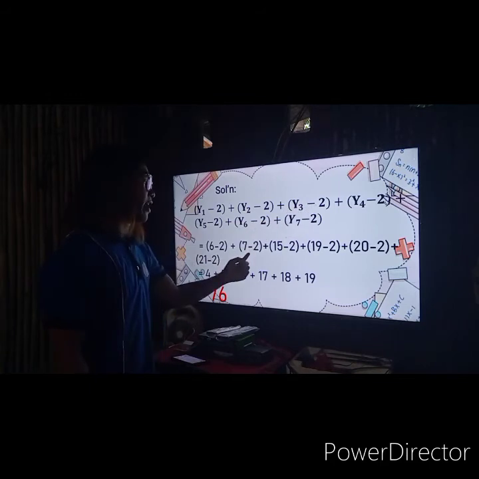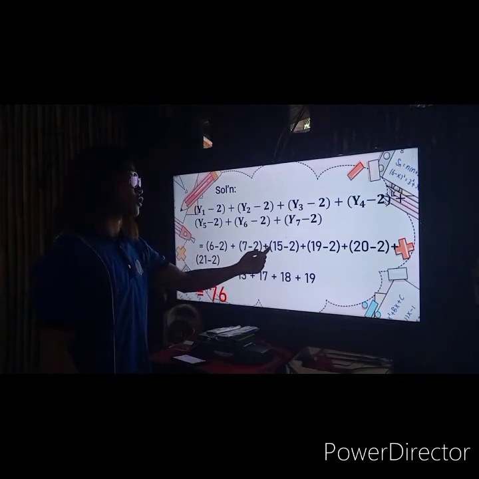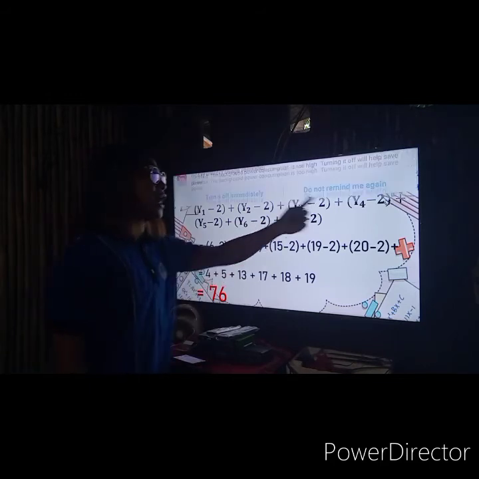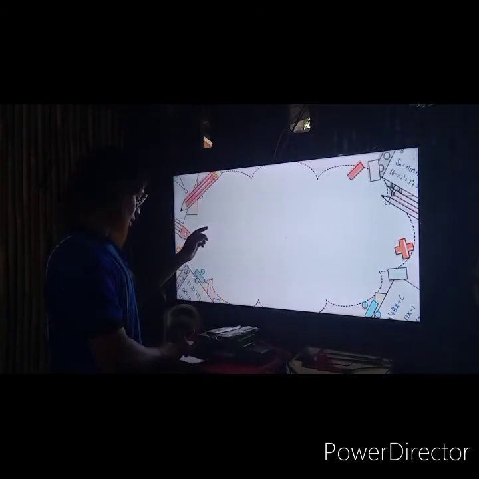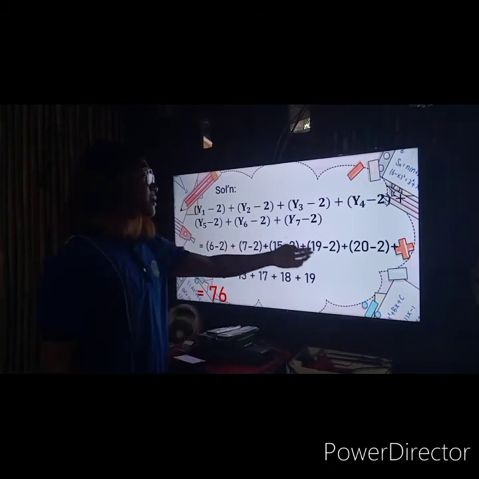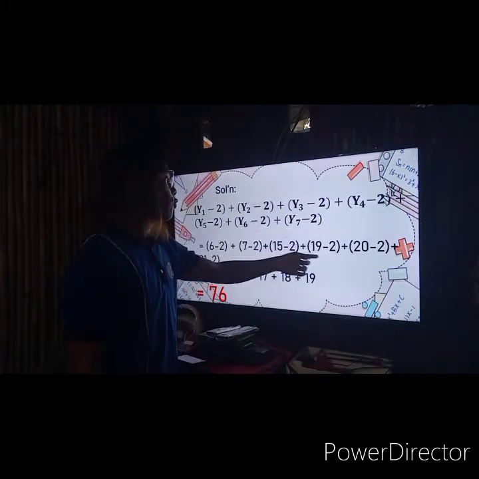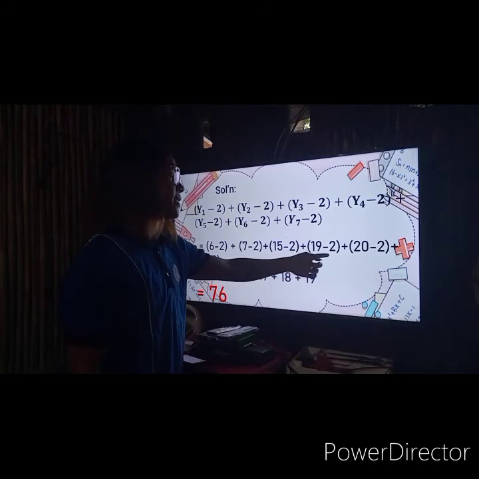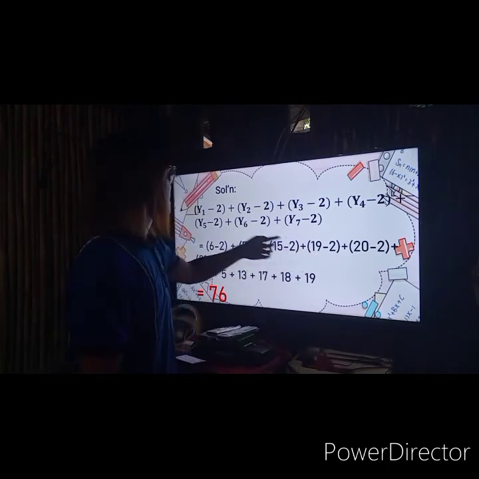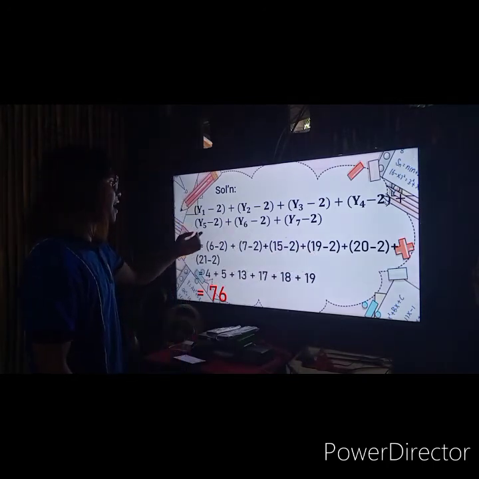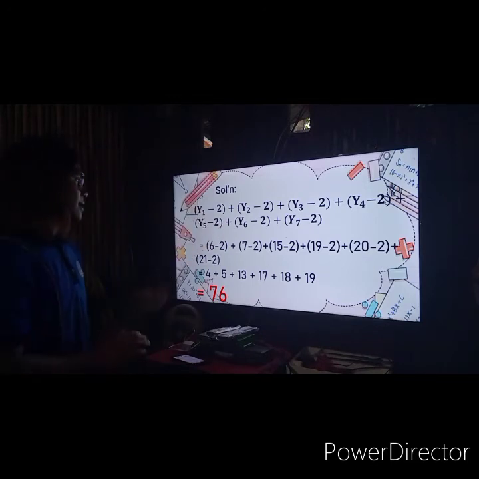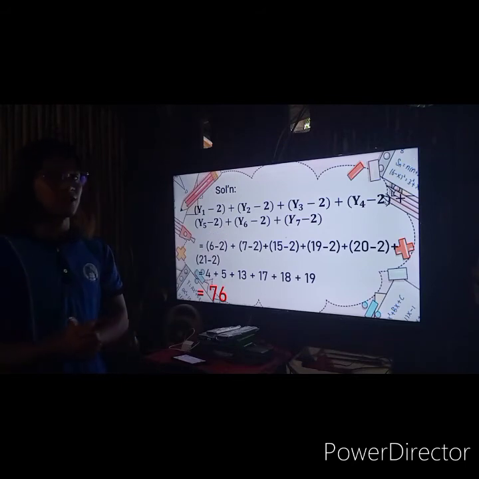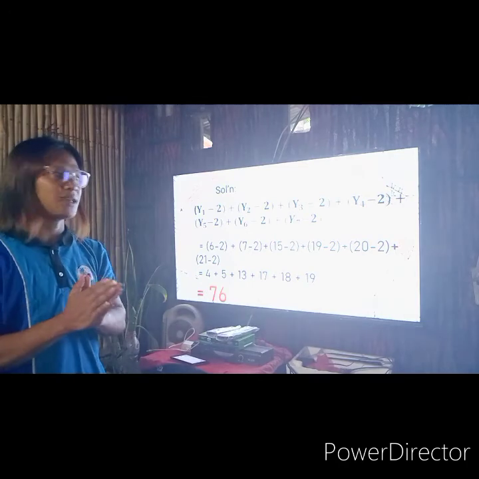Then copy the minus 2 plus the quantity, the value of y sub 4, which is 15, then copy the minus 2, then the values of y sub 5, y sub 6, and y sub 7. So, after you substitute those values, let's go to subtraction.